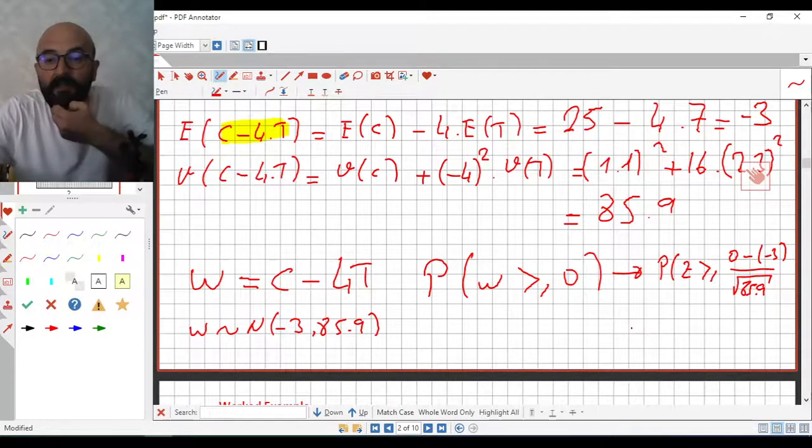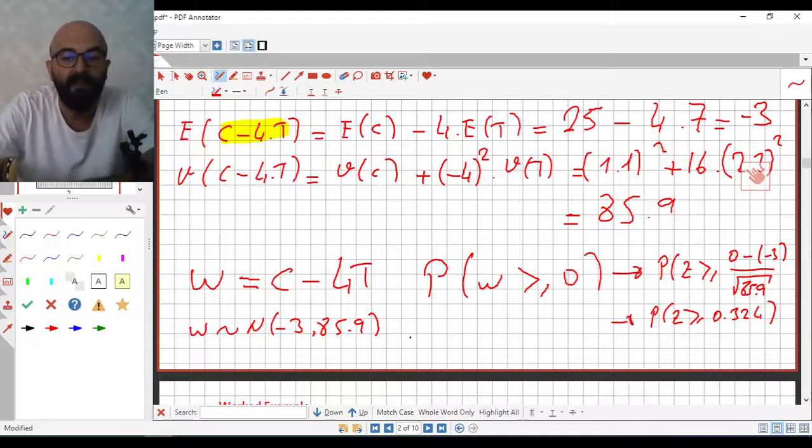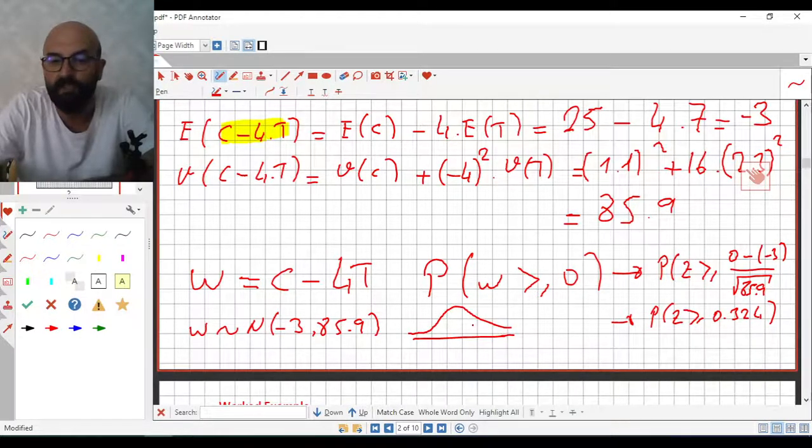Now this result is the probability of Z greater than or equal to 0.324. If you draw the normal distribution graph, zero is here, and 0.324 here. You want to find greater than 0.324, but this is a small area.